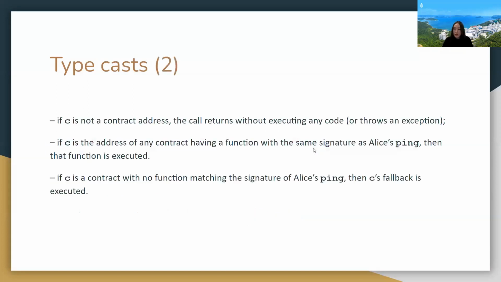And we would not even detect this, right? Because we would think that the transaction is successful and that it didn't return any errors. And the third situation is that if C is a contract with no function matching the signature of Alice's ping, then C's fallback is executed.